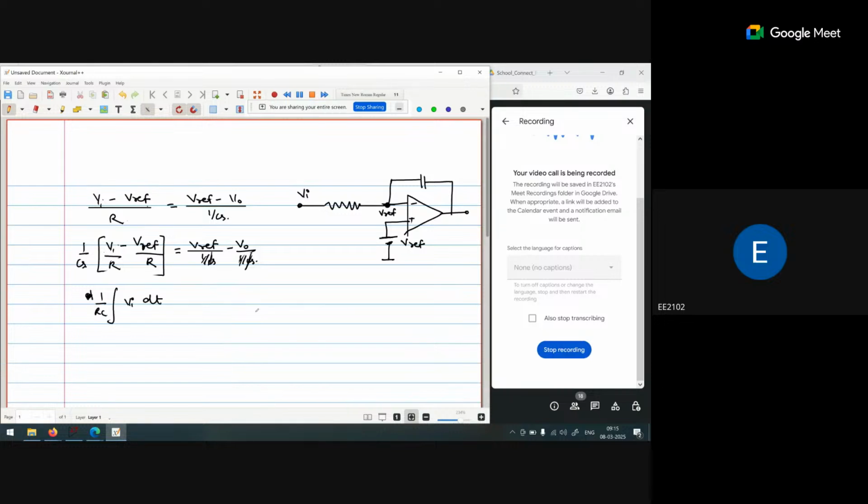VI dt minus V ref minus 1 by RC integration of V ref dt is equal to the VI minus VI. So this minus, this plus, and this plus. Okay, so this is the equation.